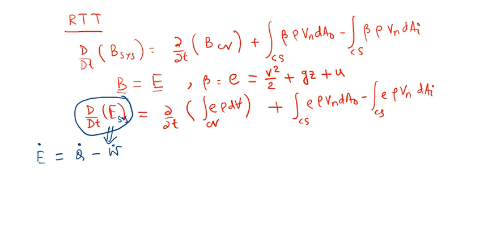Remember, this is for the system. So in the left hand side, using the first law of thermodynamics, it becomes Q dot minus W dot, and the right hand side will be del/del t of the integral of e rho dV, exactly the same thing that you can see here.